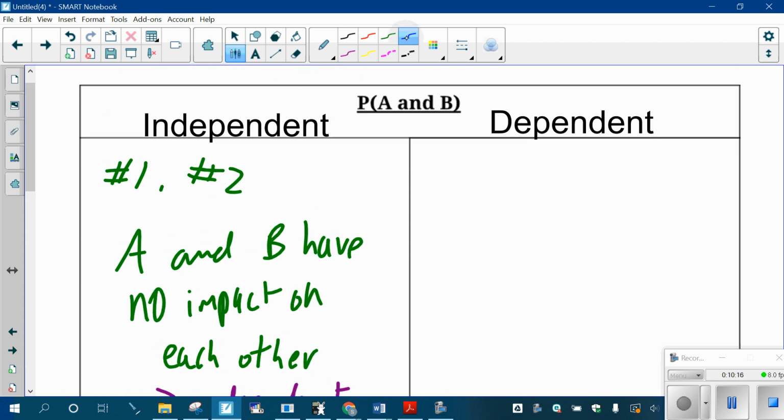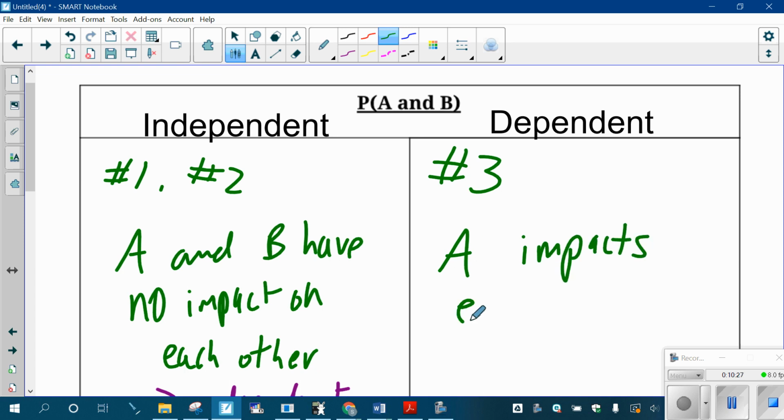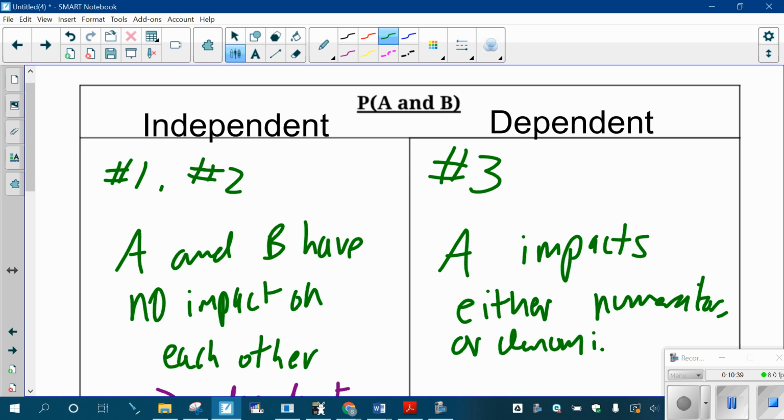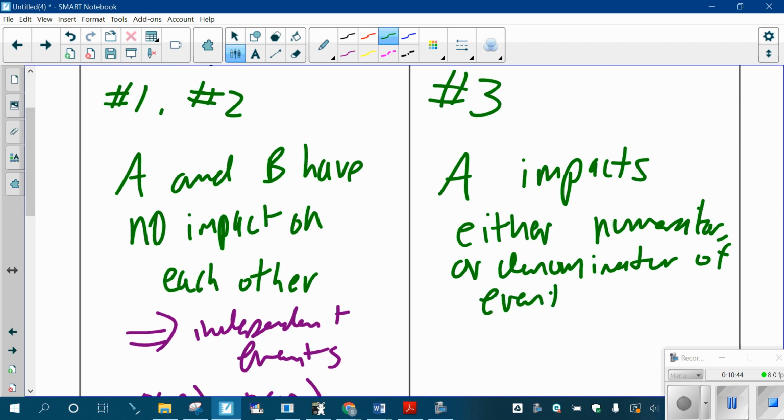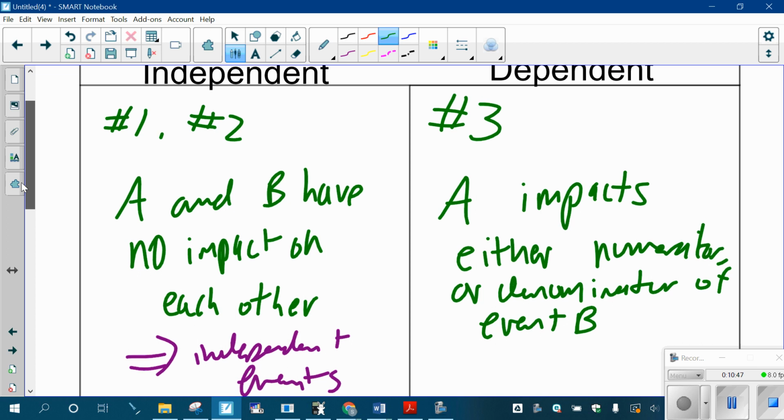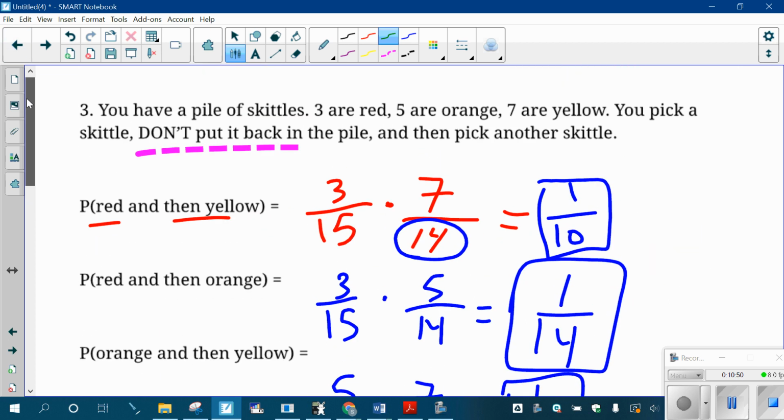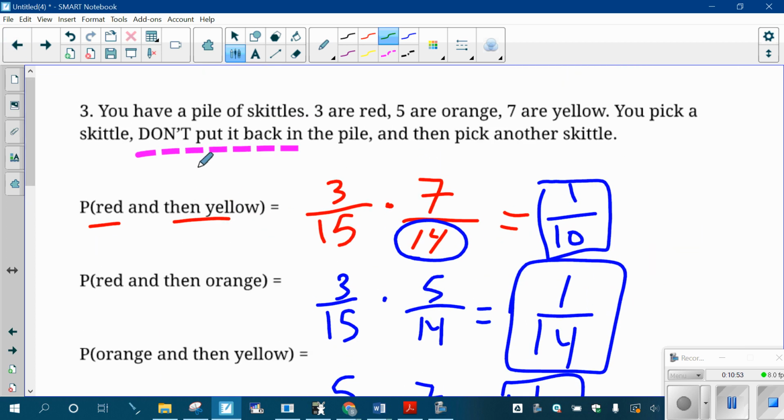The other possibility was like what happened in event number 3, and we call those dependent events. So the first event, A, impacts either the numerator or denominator of event B. If you go back to example 3 here, if I just said what's the probability of picking yellow, you would say 7 out of 15.